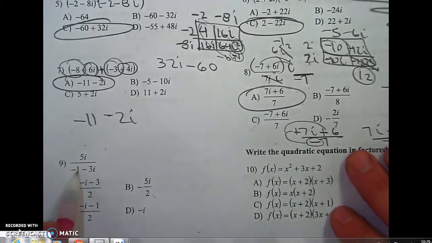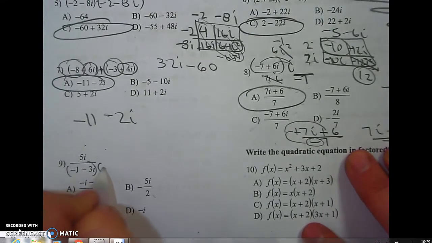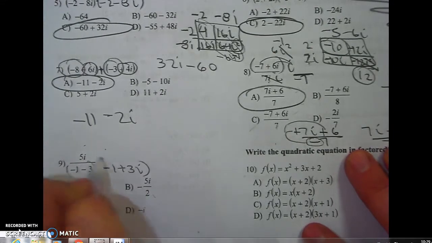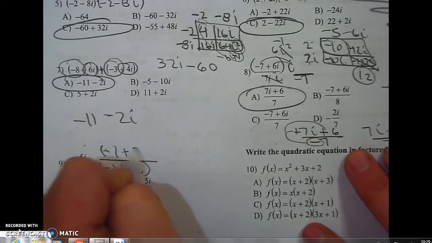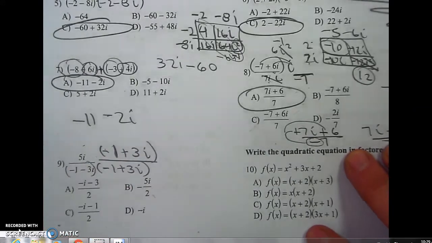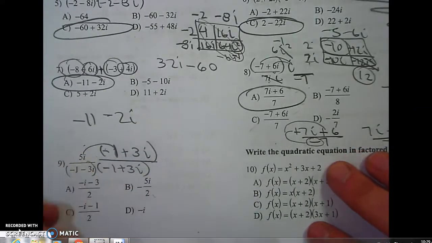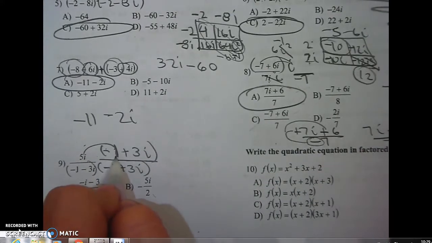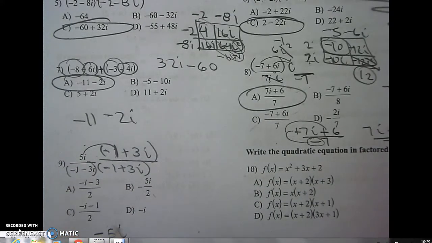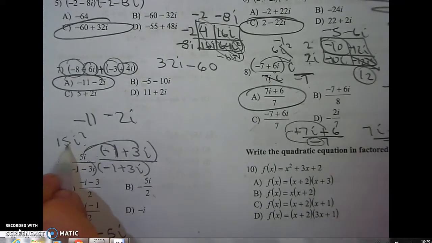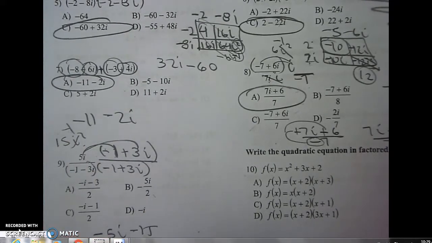Now in number 9, the i was being multiplied, so I could just multiply by the i and be good. But this one I have to multiply by the conjugate. So what I do to the top, I got to do to the bottom. I'll do the top first. Remember, that's a negative 1 times 5i is negative 5i. 5i times 3i is 15i squared. Negative 1, negative 15.